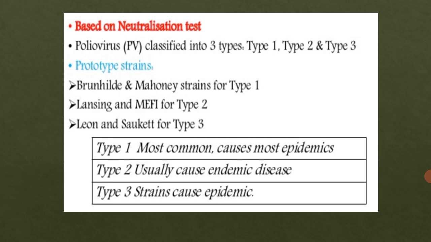Type 3 strains have caused epidemics. The immunity against these types is type specific, which means the immunity is different for each type.